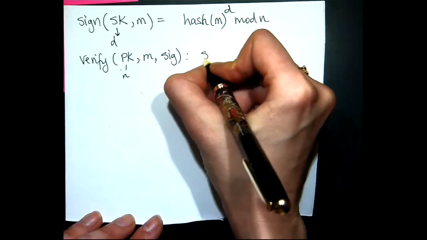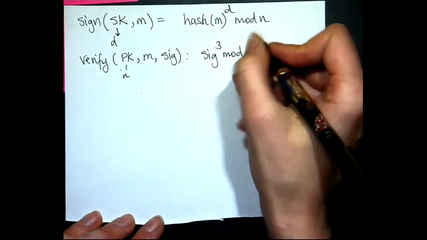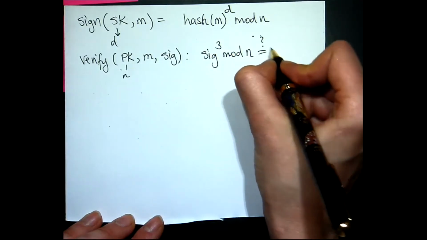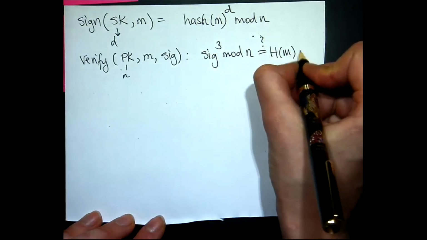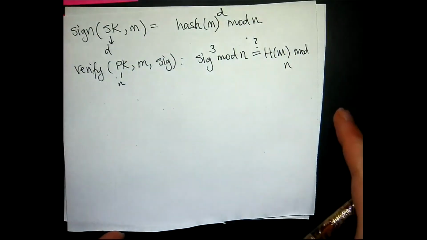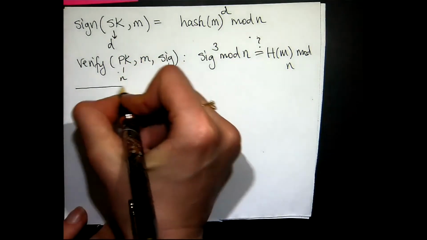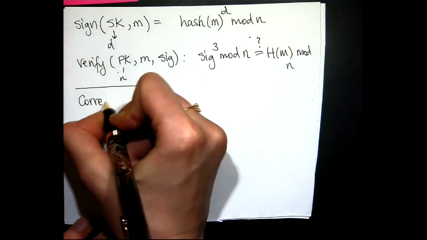What you do is you simply take sig to the power of 3, modulo N, and you check whether this is equal to the hash of the message modulo N. Okay, so the first thing we want to check is correctness. I want to check that if I verify a properly signed signature, I get the correct verification. So let's check correctness.